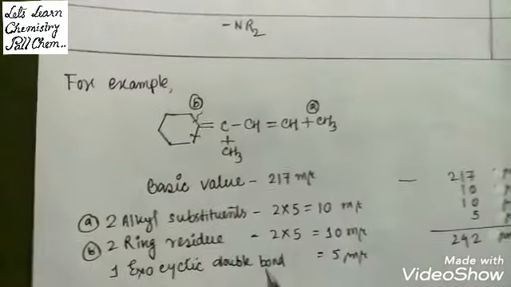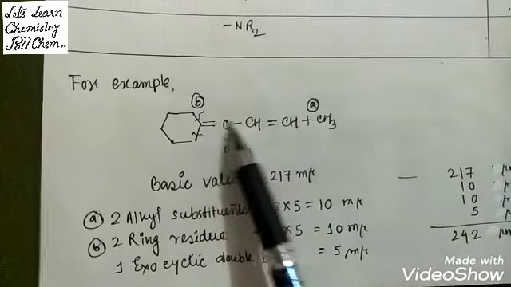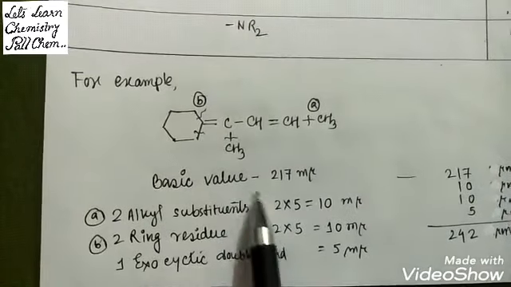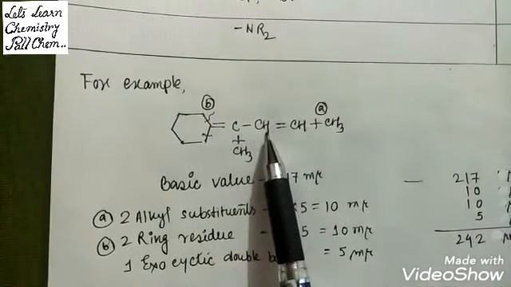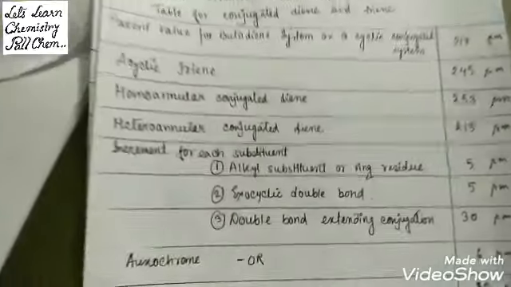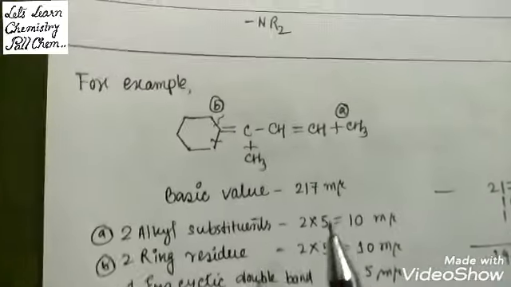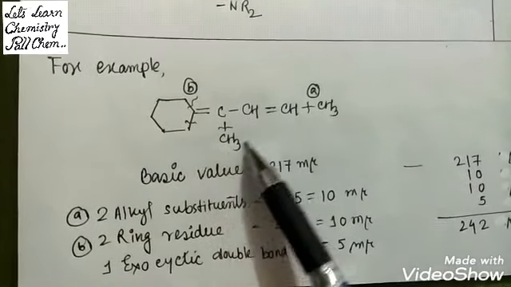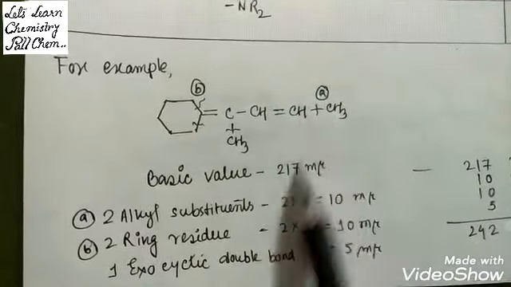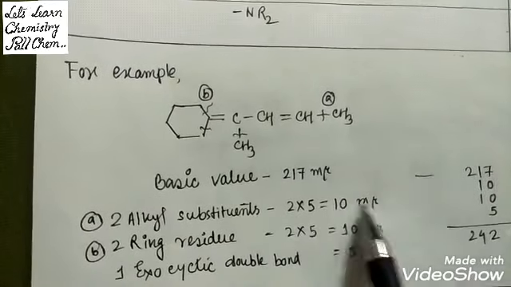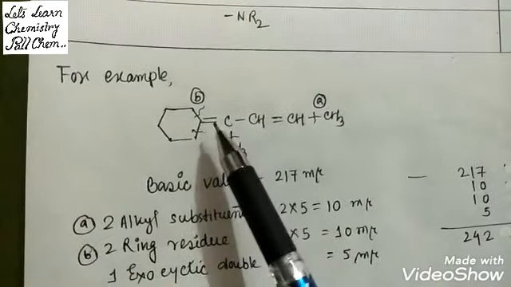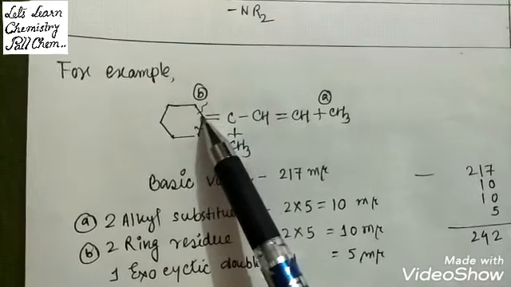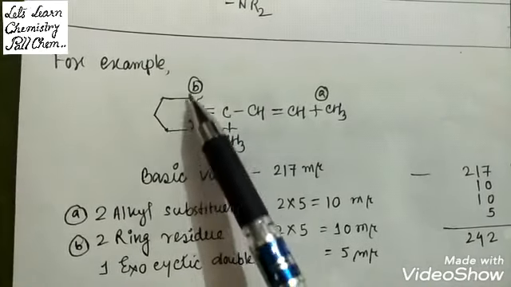This is the example. Suppose this is a diene system. So the basic value is 217 nanometer. It is already written in the table. Now, two alkyl substituents. This is one alkyl substituent, this is one alkyl substituent. So 2 into 5, 10. Two ring residues. Suppose this double bond is here.